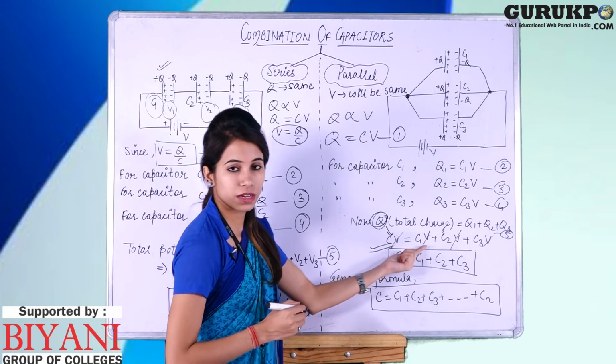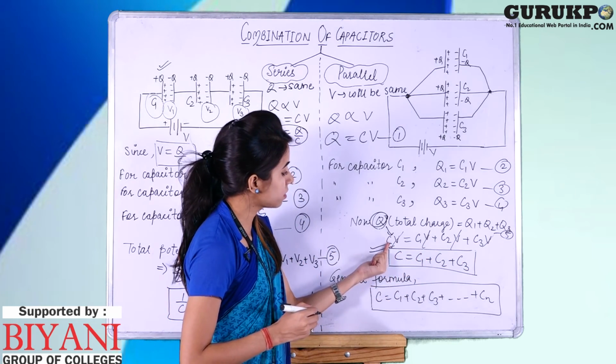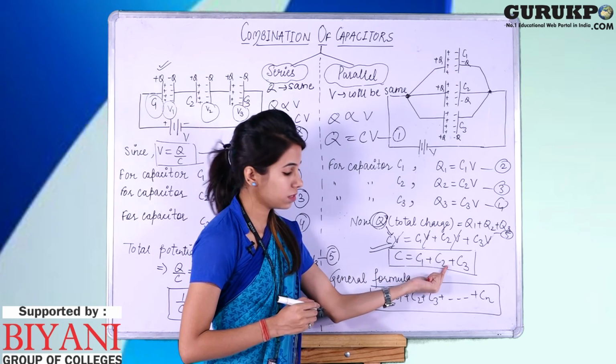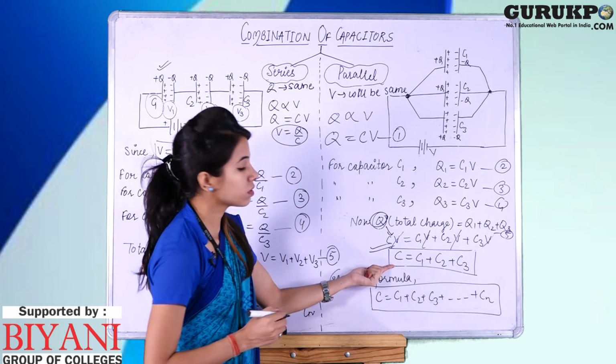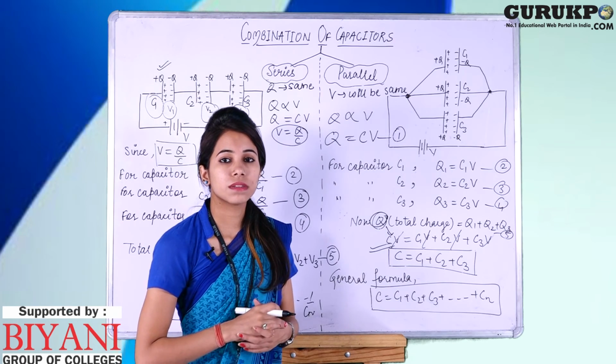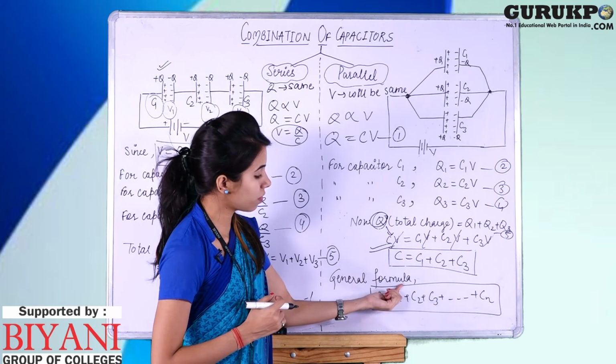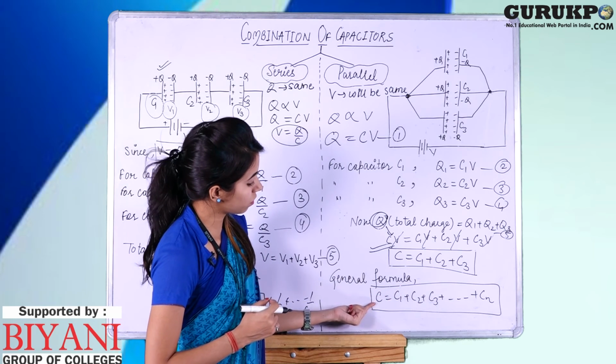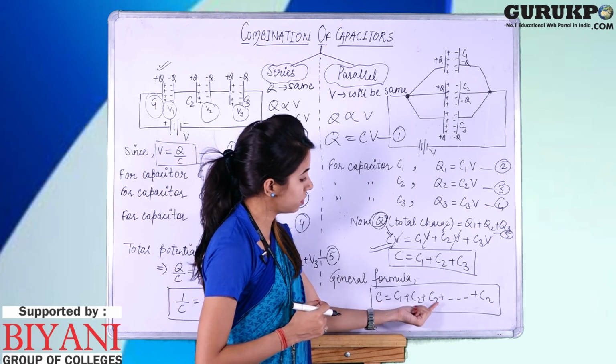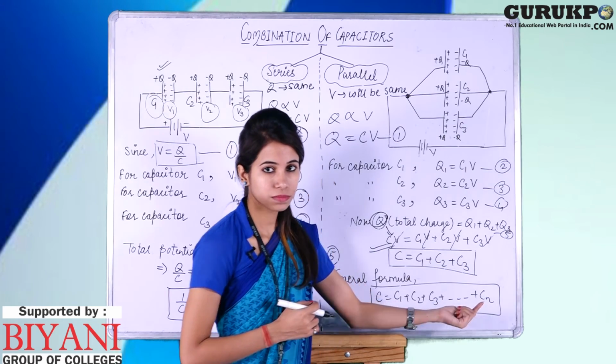Now V can be taken common from both sides, then C will be equal to C1 plus C2 plus C3. So this is the formula when the 3 capacitors are connected in parallel. Now let us see the general formula: C is equal to C1 plus C2 plus C3 up to Cn.